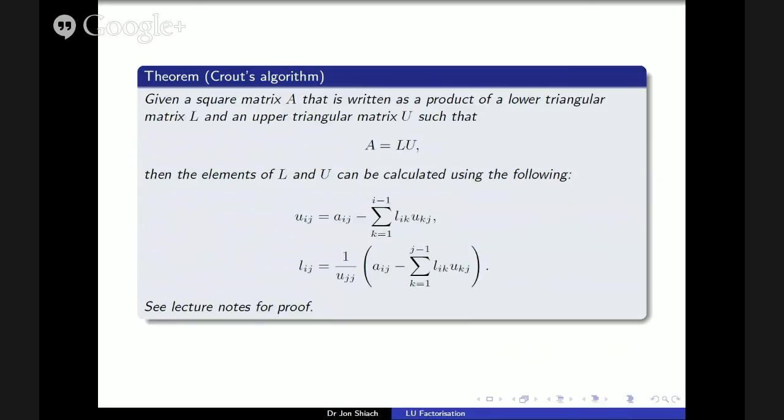Okay, there's the proof. Sorry guys, I just want to show you very briefly what the proof is. There's your A matrix, that's your L matrix, that's your U. All I've done is multiply them together, and there's a pattern here. Can you see?